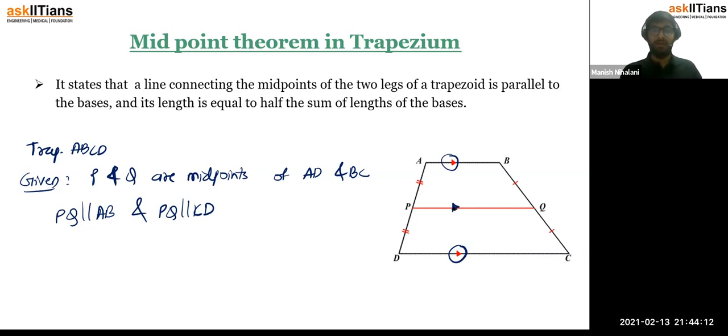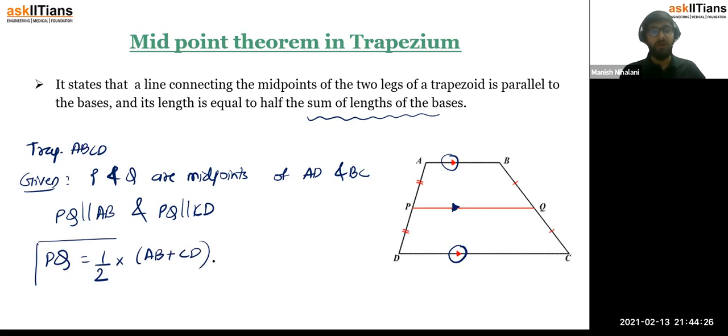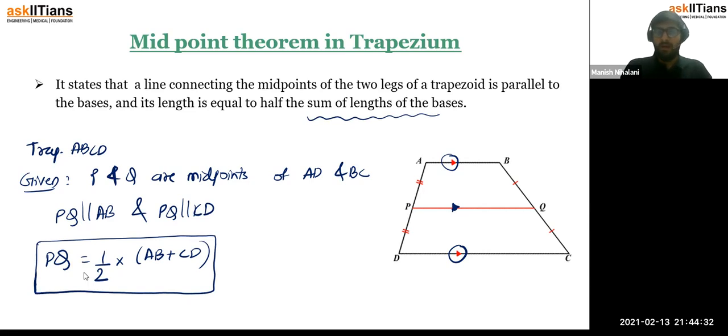So in that case, the length of PQ is half of the sum of the lengths of the bases, which means PQ is half of AB plus CD. This is what the midpoint theorem is, the midpoint theorem for a trapezium.